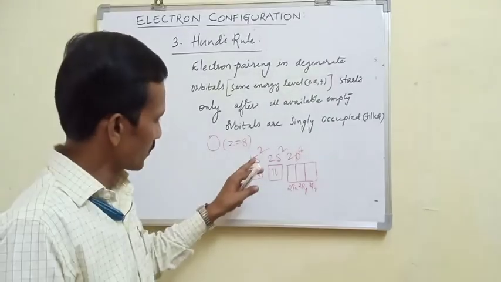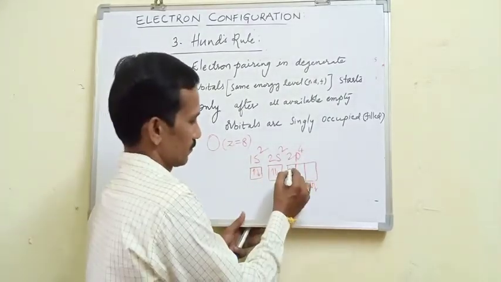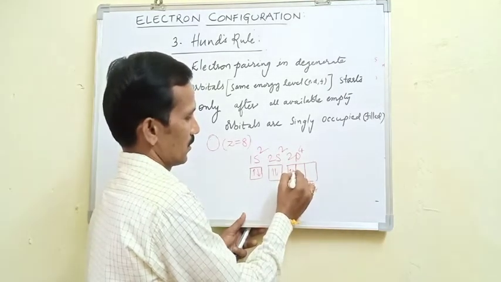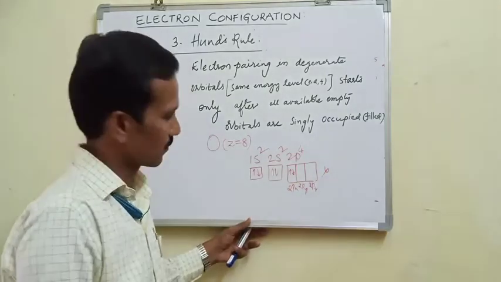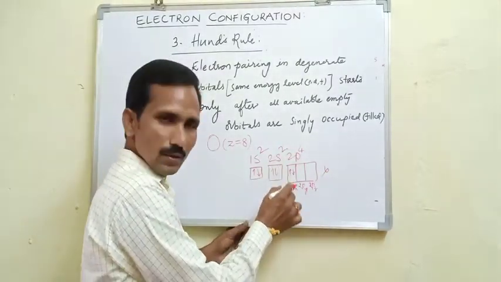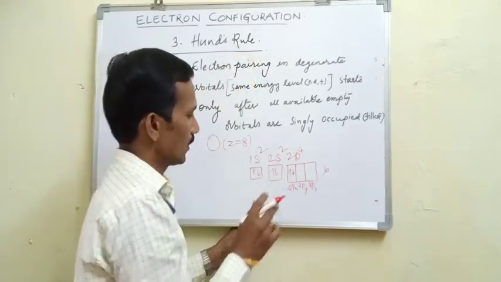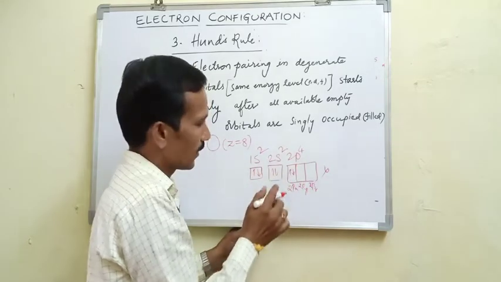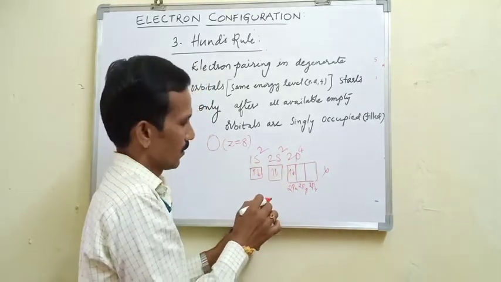Filling 2 electrons, then 4 electrons, then the 5th and 6th electron like this is the wrong method. Filling 2 electrons directly like the s orbital in p is wrong. According to Hund's rule, we cannot fill 2 electrons, clockwise and anti-clockwise, at a time like the s orbital.